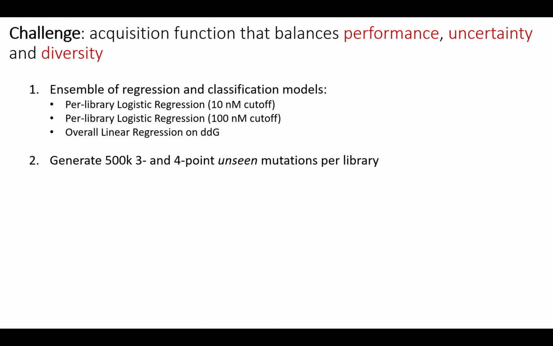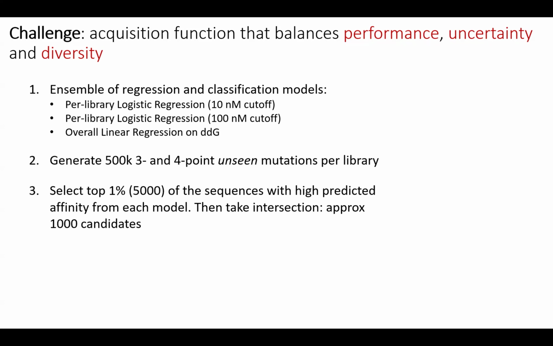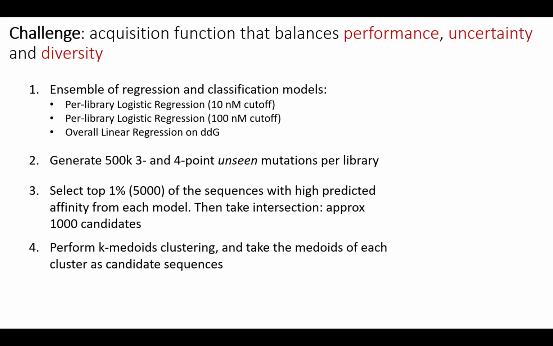It's just compute time. And you score all of these candidates using all of your ensemble models. And then you take the intersection of top hits across these ensembles. And you calibrate your intersection so that you end up with maybe 10 or 20x more than what you will eventually test. You take that large set, and you cluster it.